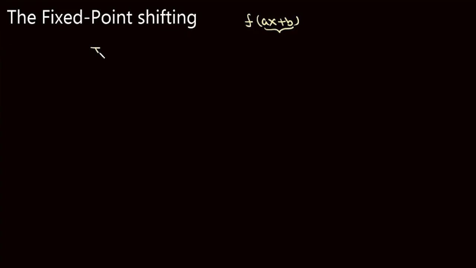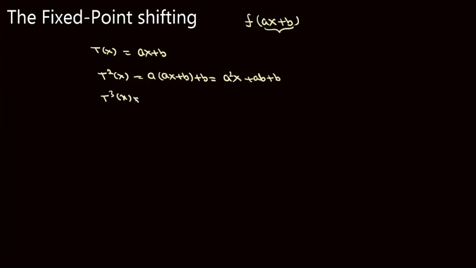If we take this map as T(x) = ax+b, then T²(x) will be a²x + ab + b. T³(x) will be a³x + a²b + ab + b.